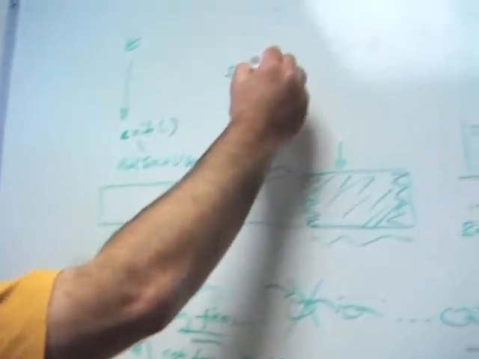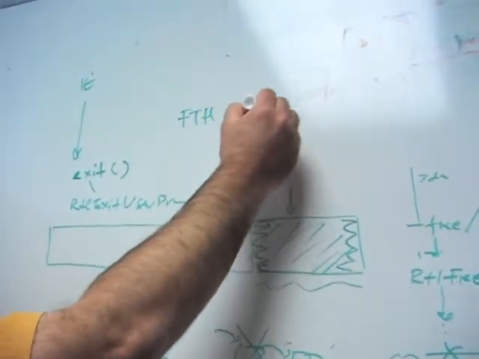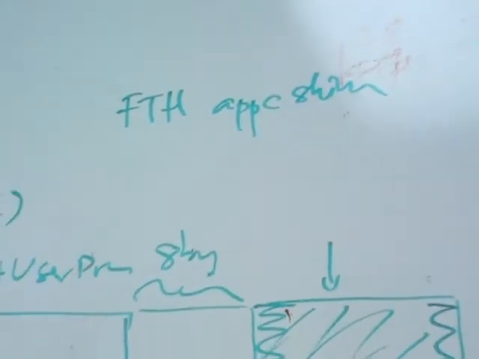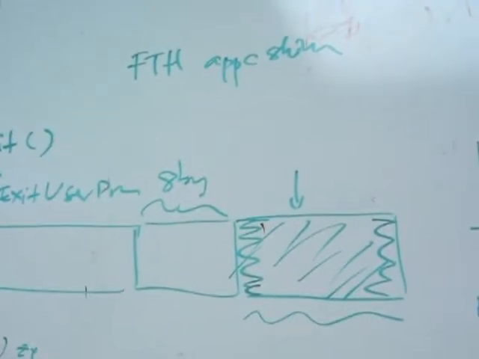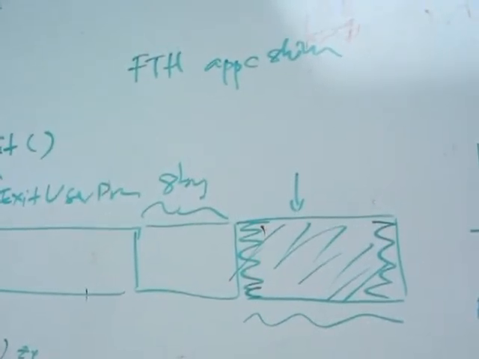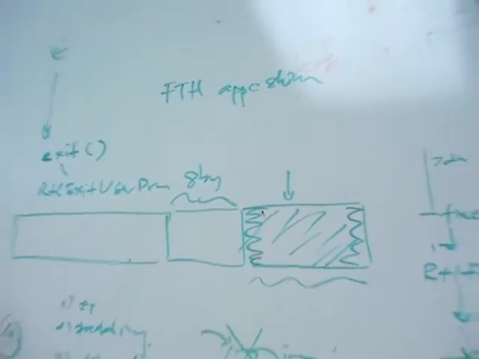So pretty much this stuff that I described is implemented in something called the FTH shim, the FTH AppCompat shim. So whenever you say to the shim engine, the AppCompat shim engine, please apply this shim to this application.